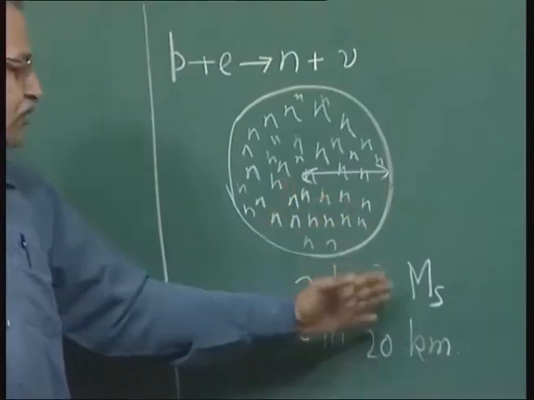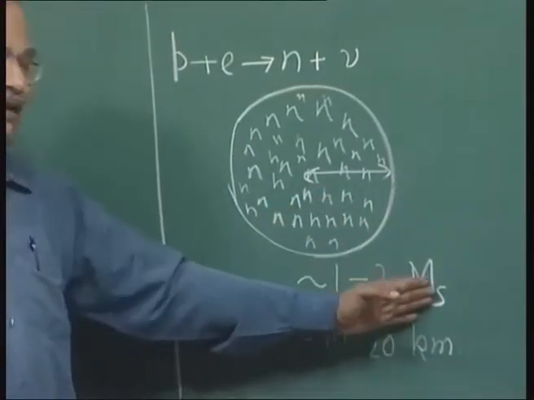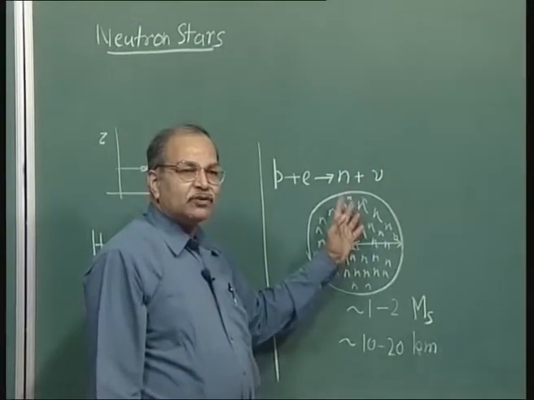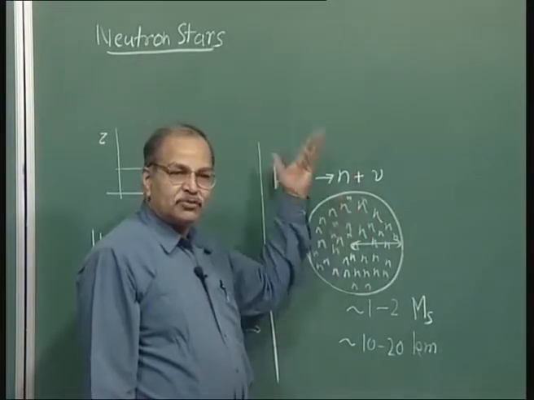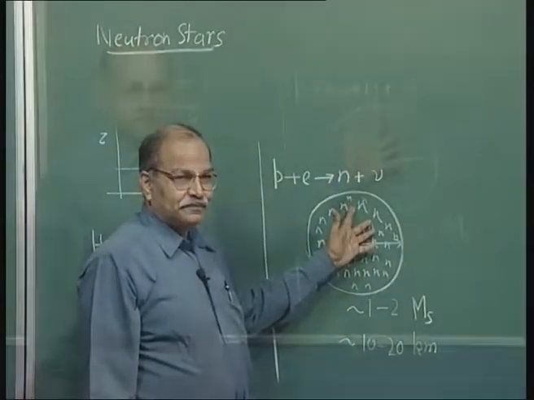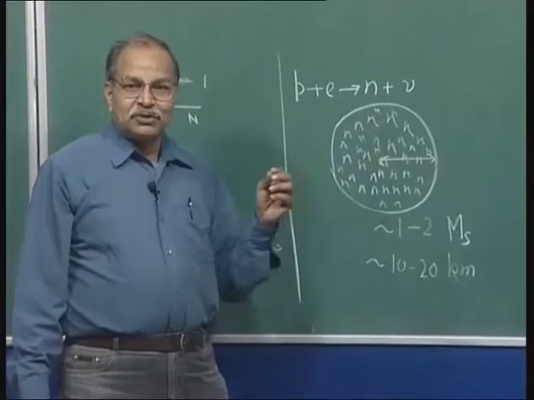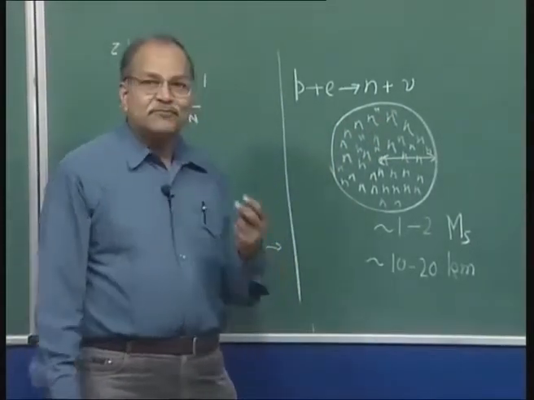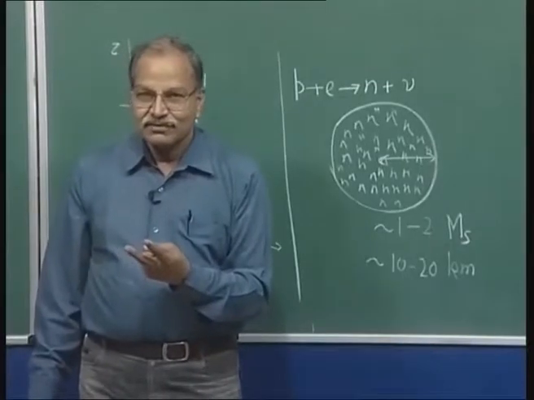If you calculate how many neutrons will make one solar mass, that number will come out to be something like 10 to the power 55 or so.